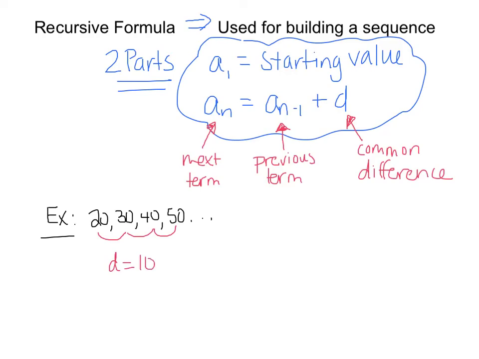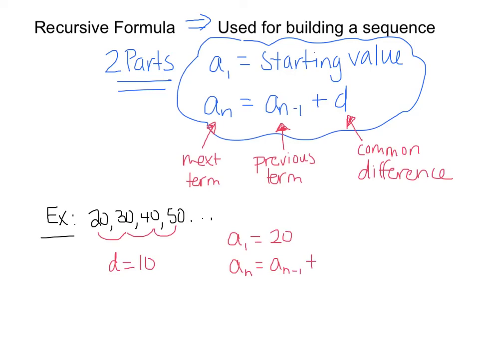Now when you write your formula, the first thing you want to do is write down what your first term is. My first term is 20. And then to find the a sub n formula, you would take the previous one, which would be just a sub n minus 1, and you would add the common difference.